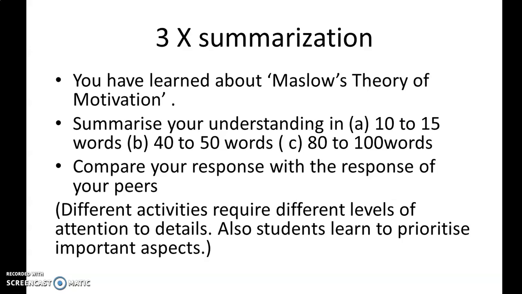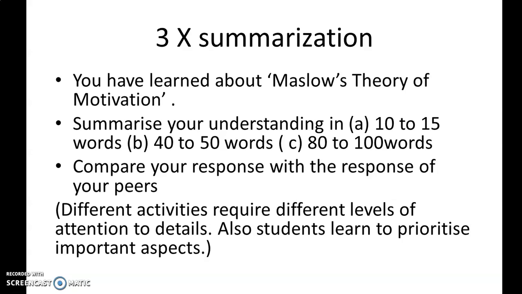Now, all these activities A, B and C will require different levels of attention to detail. For example, if you have to summarize in 10 to 15 words about Maslow's theory of motivation, then you have to be very concise and very precise, and you'll have to prioritize what you summarize in these 10 to 15 words.